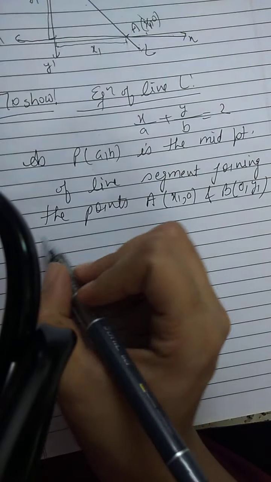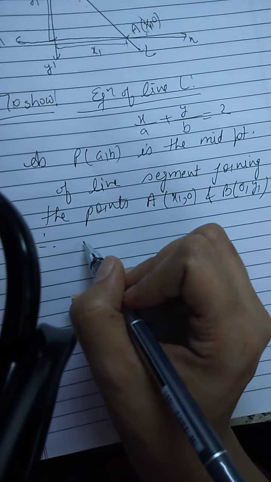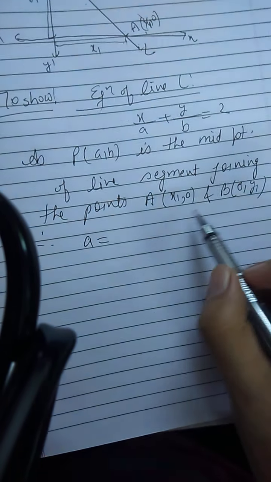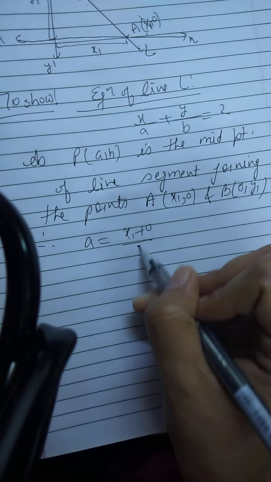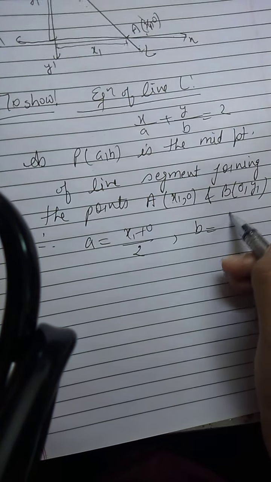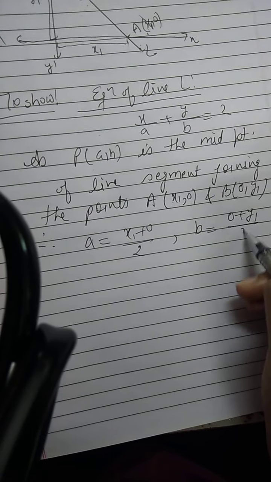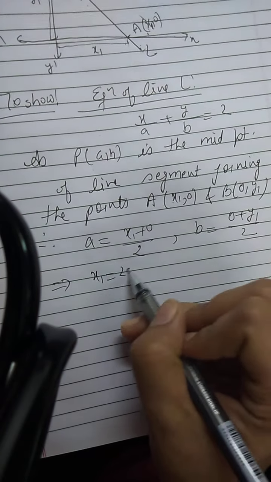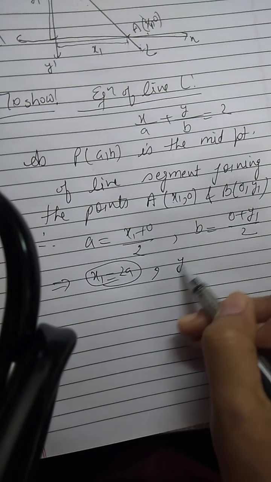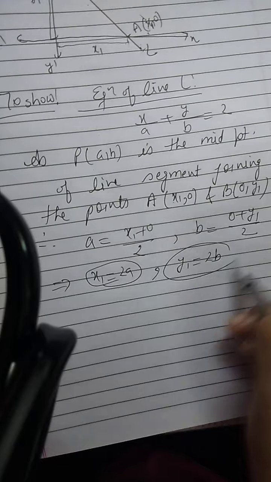So by the midpoint formula, a will be equal to x1 plus 0 divided by 2 and b will be equal to 0 plus y1 divided by 2. So from here, what will be x1? x1 will be 2a and y1 will be 2b.